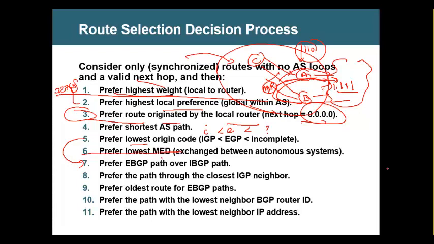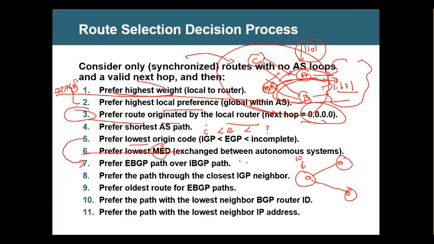For example, when I have an autonomous system connected like this, we call this multi-homing. MED will never come into the picture. MED is applicable only if you have multi-exit. For this autonomous system 10, do you have multi-exit?